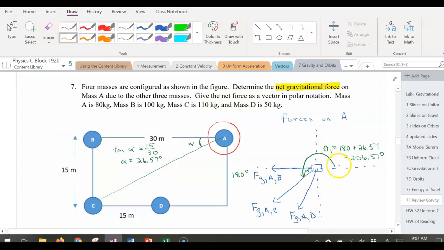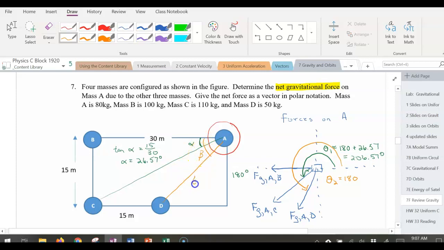I'll use orange for it. This angle is going to be 180 plus this angle here. Uh-oh, I didn't draw that in. I'm sorry, let me draw this. Plus this angle here. I'm running out of names here. Maybe I'll call this beta.